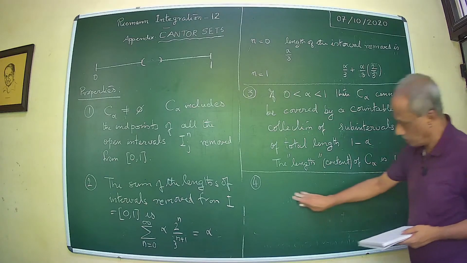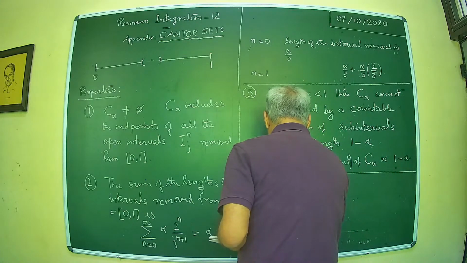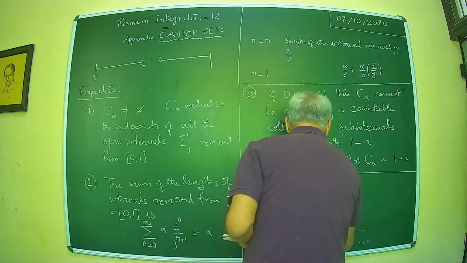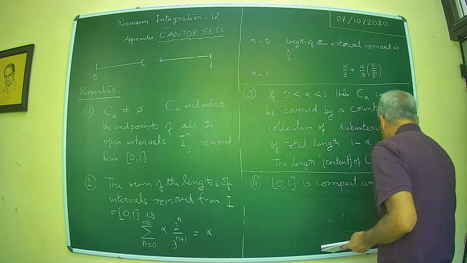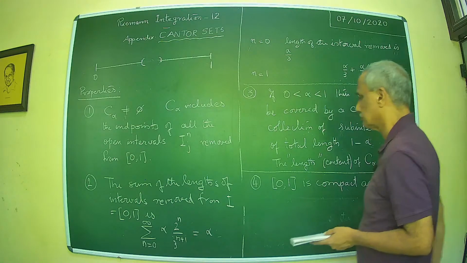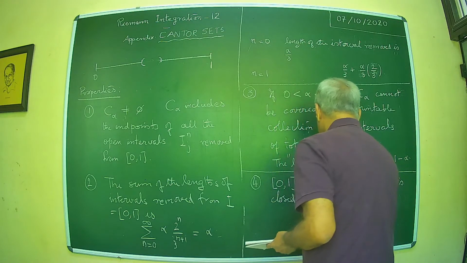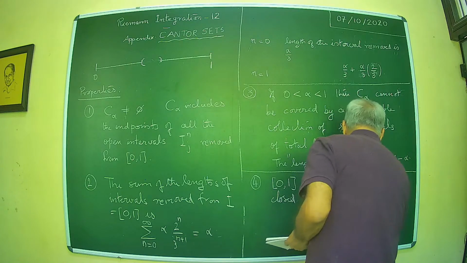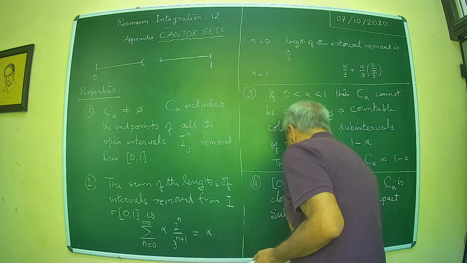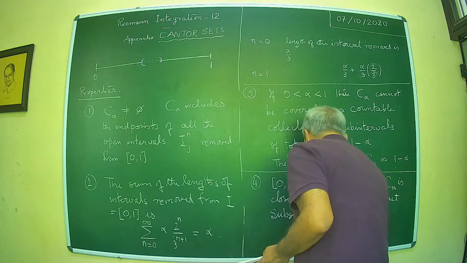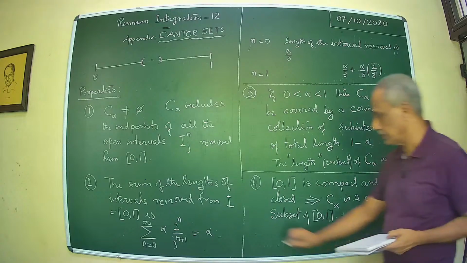So what we already know is that [0, 1] is compact, and by definition C alpha is closed. Therefore, C alpha is a compact subset of [0, 1]. That is another observation.